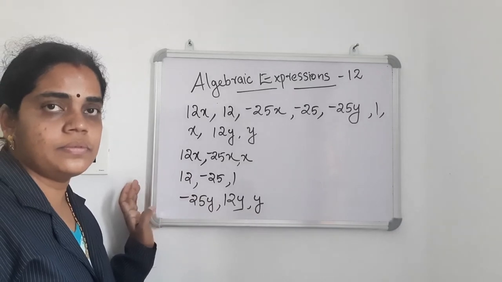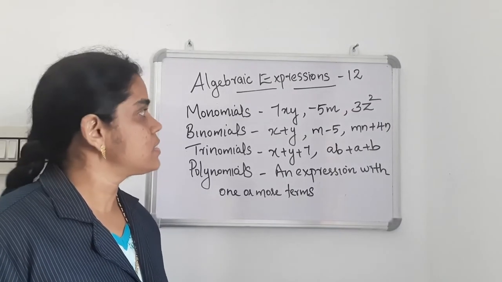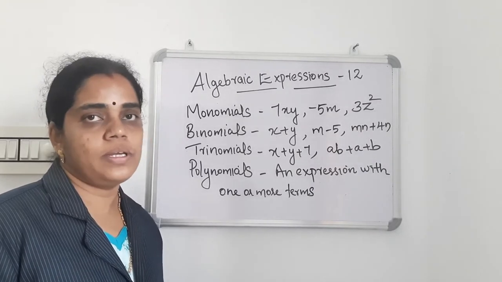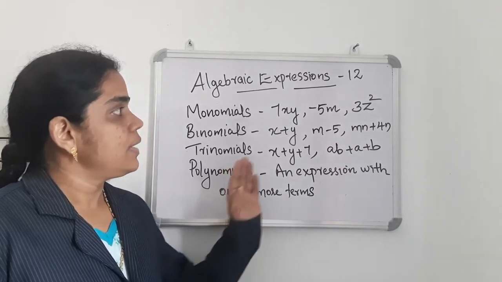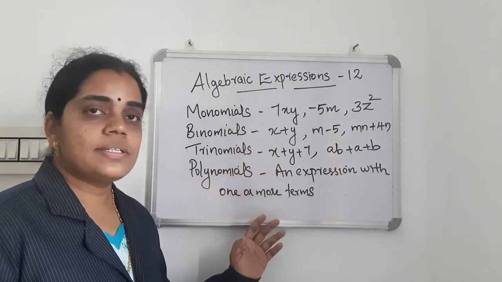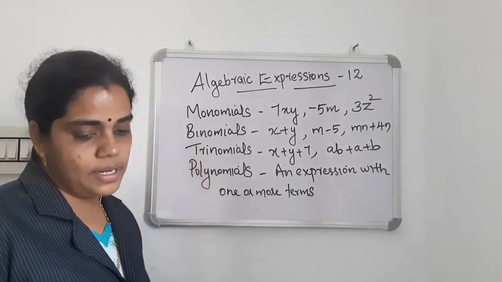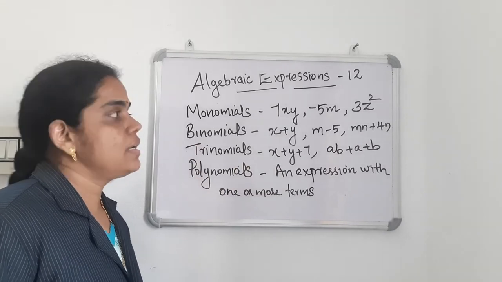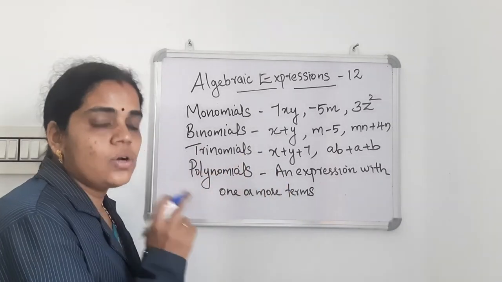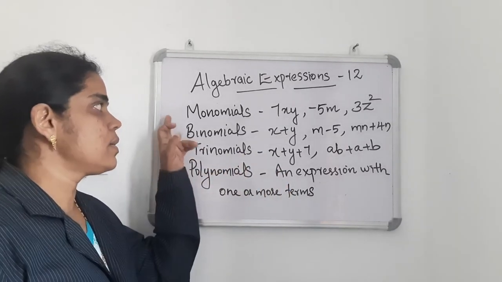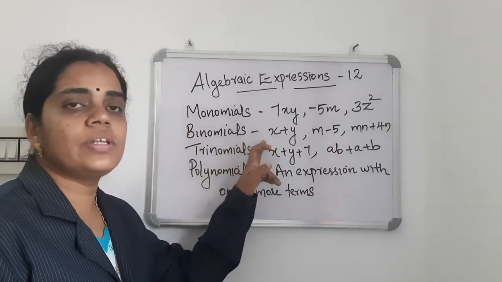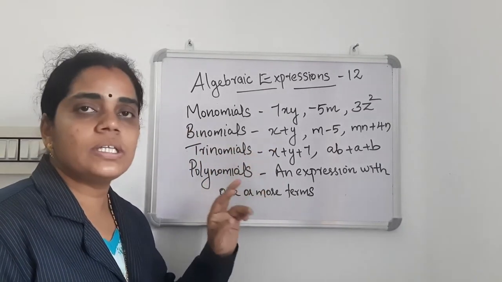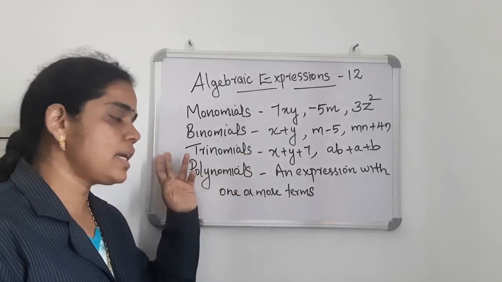Clear? The next topic is monomials, binomials, trinomials and polynomials. From the examples it is very clear. Monomial means an expression with only one term. An expression with two terms is known as a binomial. An expression with three terms is known as a trinomial.